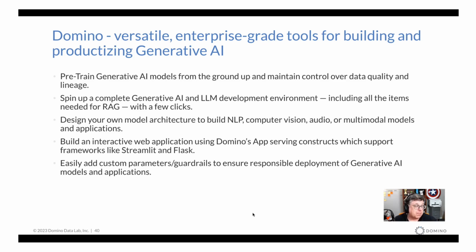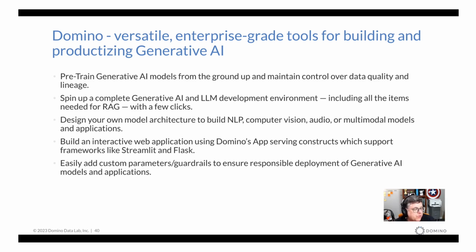So speaking of Domino, as I talked about before, it's versatile enterprise-grade tools for not only building, but productizing generative AI. We can pre-train generative AI models from the ground up and maintain control over both data quality and lineage, create data sources and models from sources from months ago and understand when it was created, what data was used, who created it, things like that, just automatically. As we've seen, we can spin up a complete generative AI and LLM development environment, and product templates give us all the items needed for things like retrieval augmented generation or other scenarios with just a few clicks.